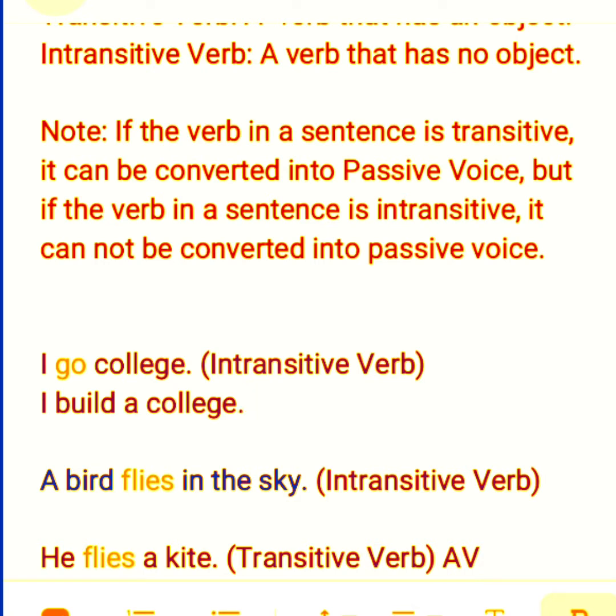This action issues from the subject I and passes over to the object college, and it affects this object. So this action passes over from the subject to its object. That's why this verb is a transitive verb. Okay, so we can write here that it is a transitive verb. So this verb is a transitive verb.